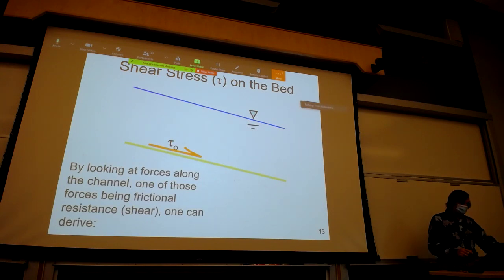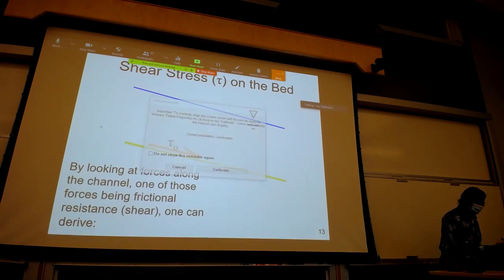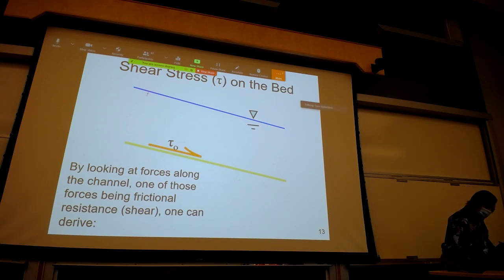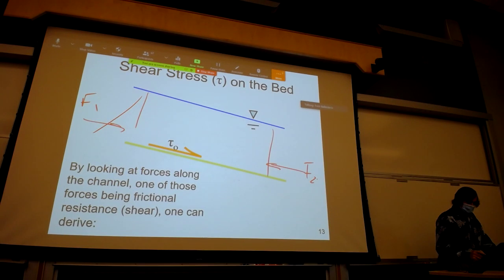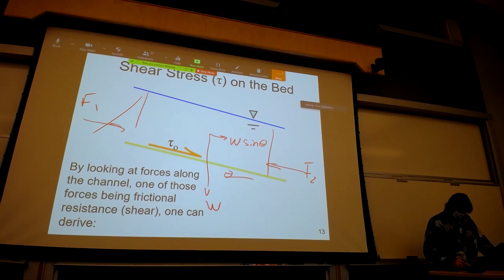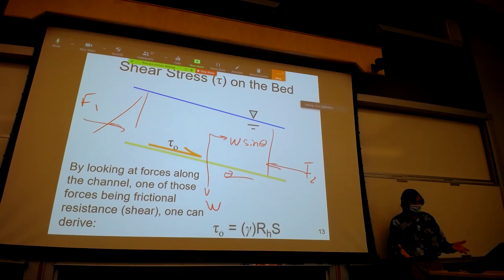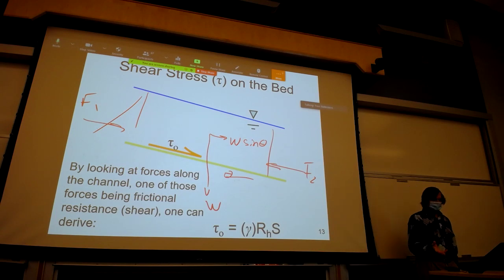And if we looked at forces along the bed, so for example, if we took a cross-section here along the channel, and we had hydrostatic conditions, so we could calculate the forces, what we would find from this analysis, remember we've got gravity acting down the plane, is that the shear stress on the bed is equal to the specific weight of the fluid times the hydraulic radius, that's actually the shear area over which the shear stress acts, times the slope.